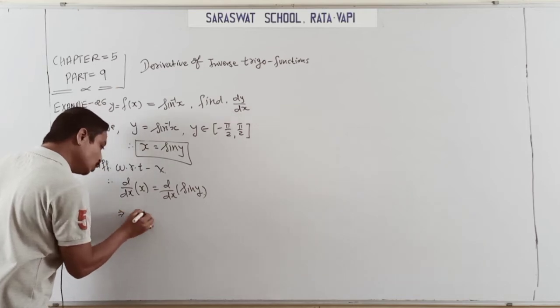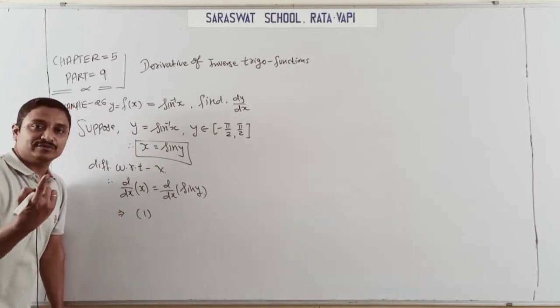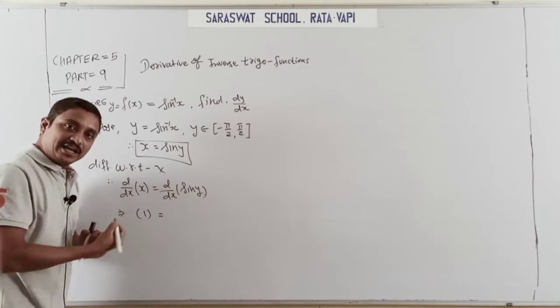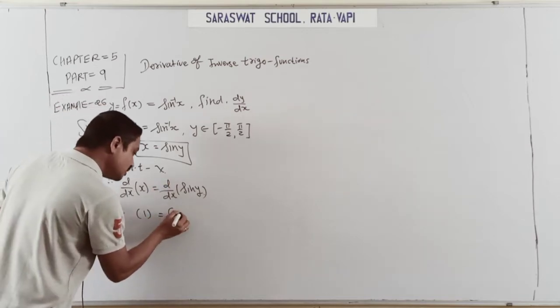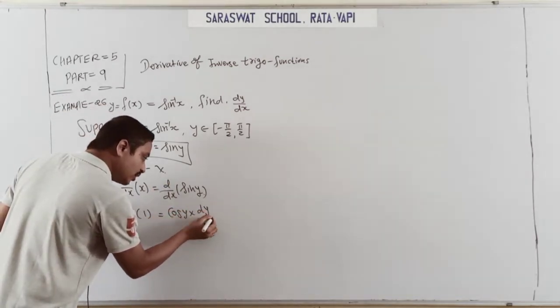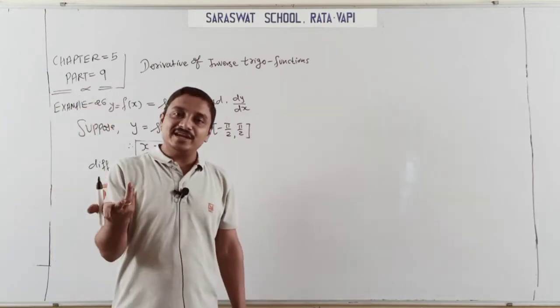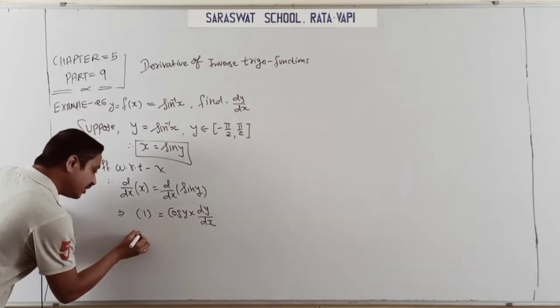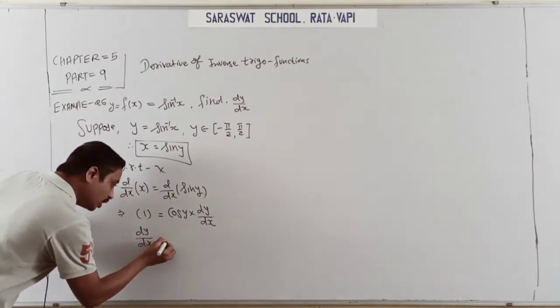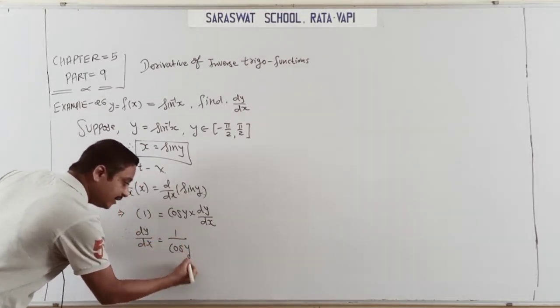Now this derivative is known. X with respect to x is only 1, and the sin y derivative is cos y into y pending. What is y pending? Y's derivative, dy by dx. So finally dy by dx is 1 upon cos y.